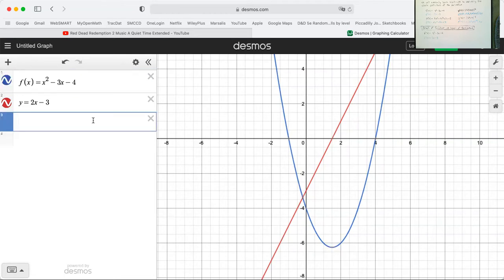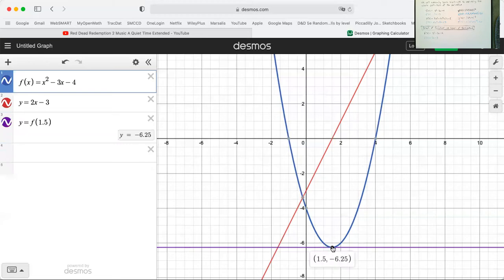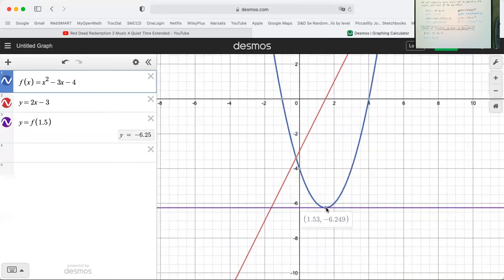So if I graph y equals negative 6.25, f of 1.5, there's the tangent line to the parabola, and it is horizontal. So the slope of the tangent line is equal to 0.